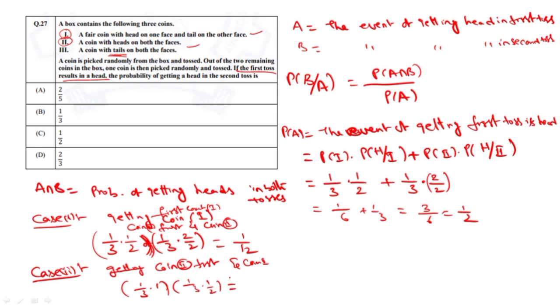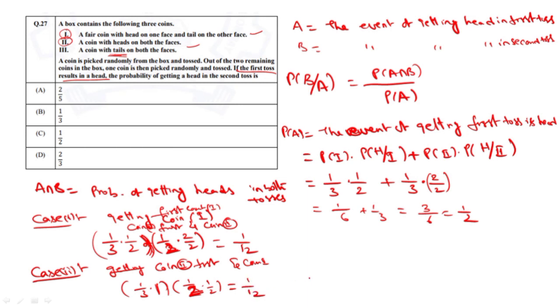Because we have already taken one coin, the remaining coins are 2, so the probability of getting that is 1 by 2. So this is also 1 by 12.